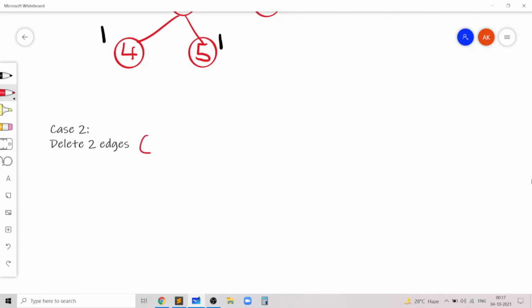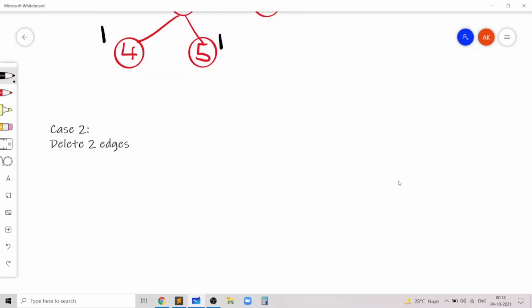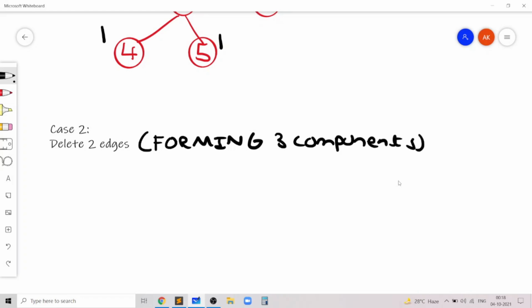So we delete two edges forming three connected components. If we have 4 or more connected components, then we can always reduce the number of connected components by 2. For example, if we have 5 connected components, we can merge 2 of them to form 3.